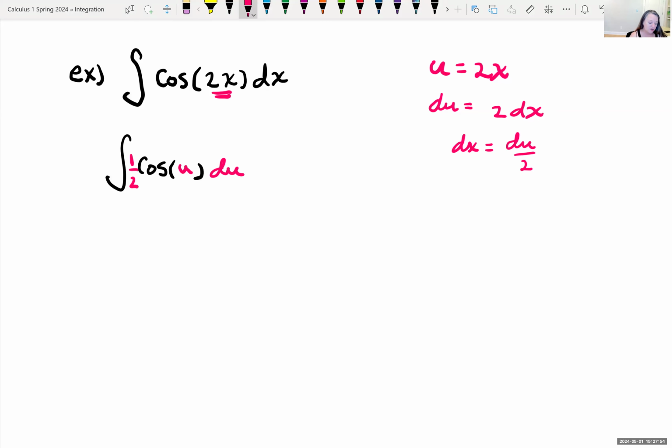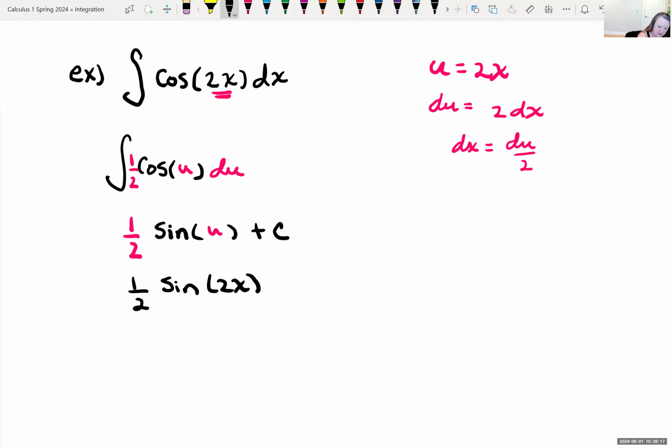So going backwards, what can I take the derivative of to get cosine? The derivative of sine is cosine, so this would be 1/2 sine of u plus c, which is 1/2 sine of 2x plus c.